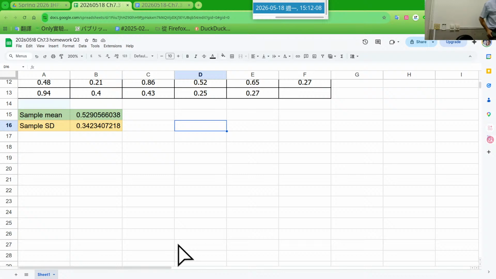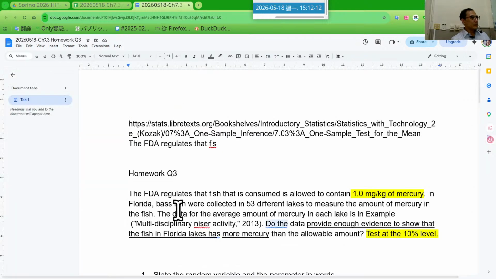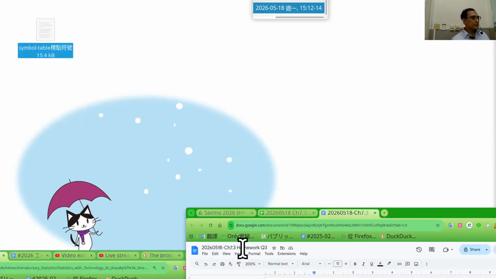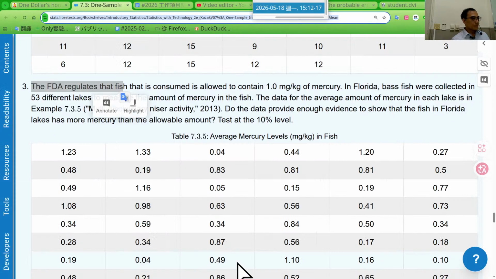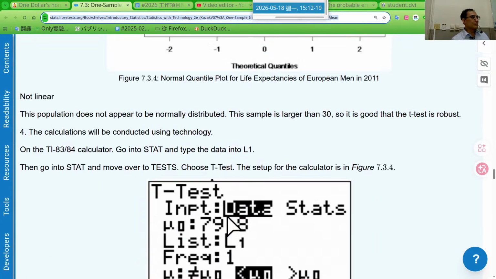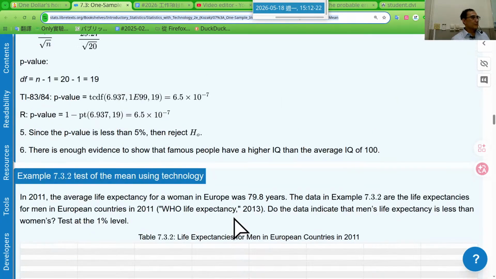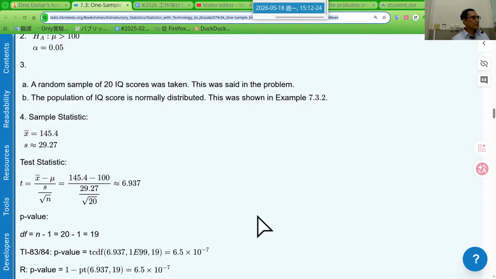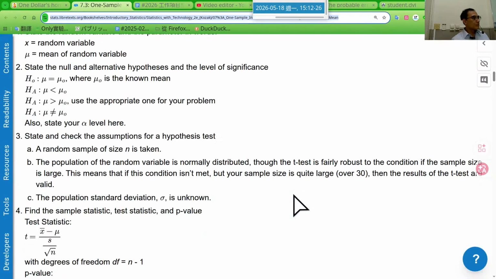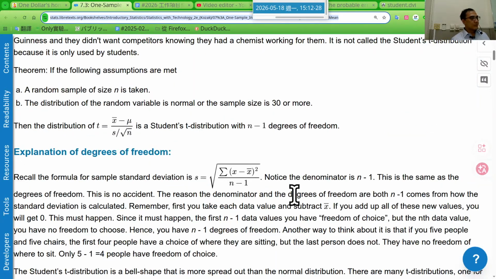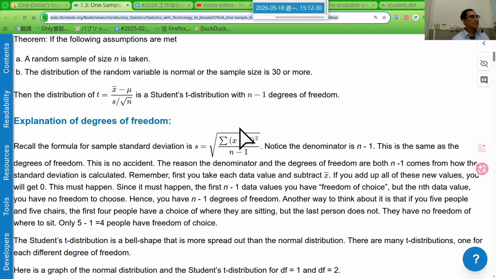Okay, and next, move to the formula here. Move back to the formula. The formula is like this.